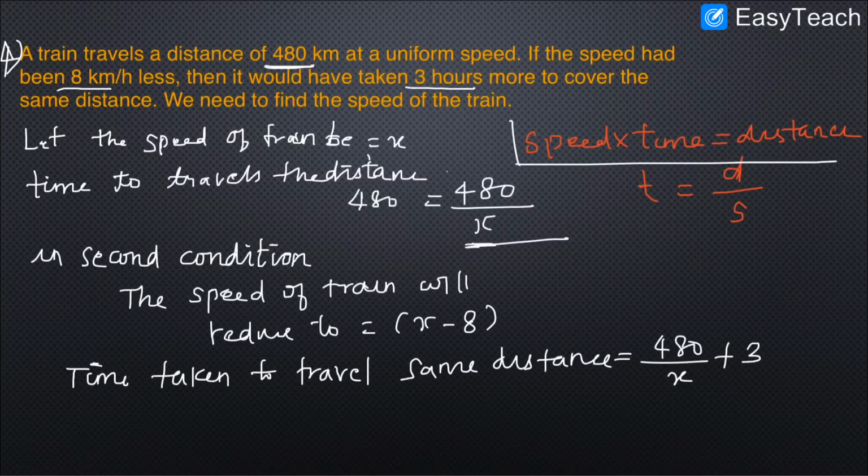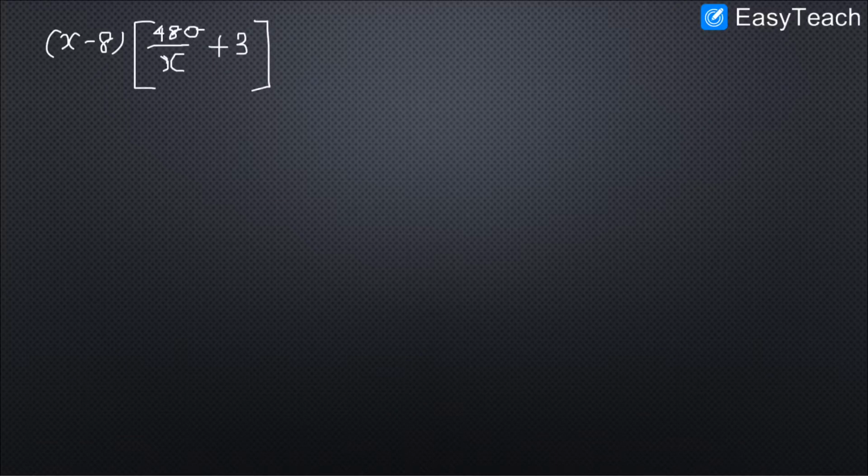We already know the formula speed into time equals distance. So I am going to substitute the speed, time and distance values here. Now the speed is x minus 8 and the time is 480 by x plus 3, which is equal to the distance, 480.